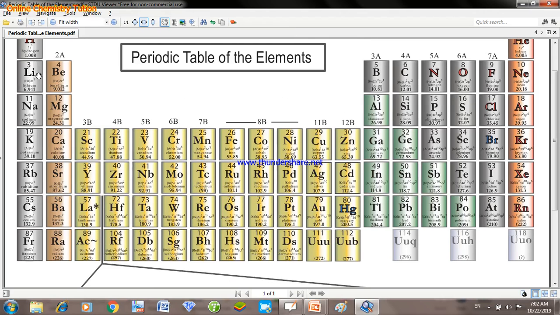So these metals try to lose their outermost electrons, and these non-metals try to gain electrons. When metals lose electrons, they form cations, and when non-metals gain electrons, they form anions.